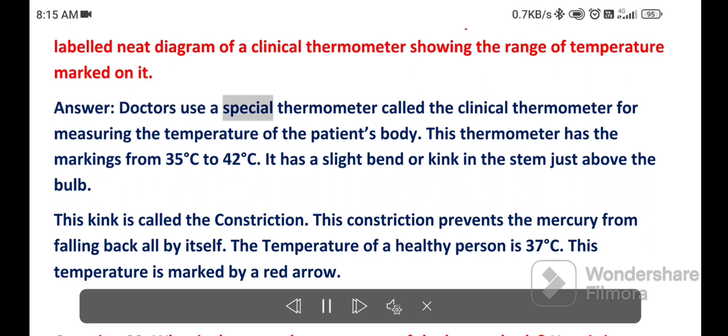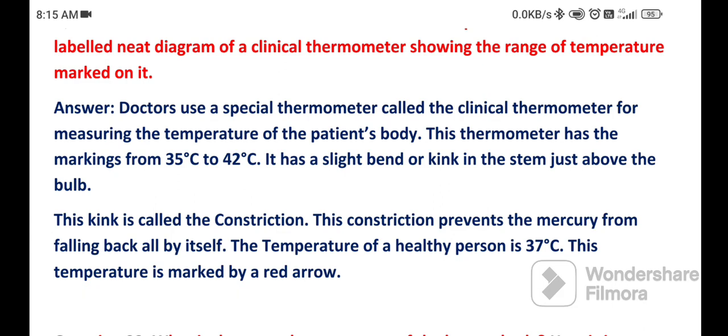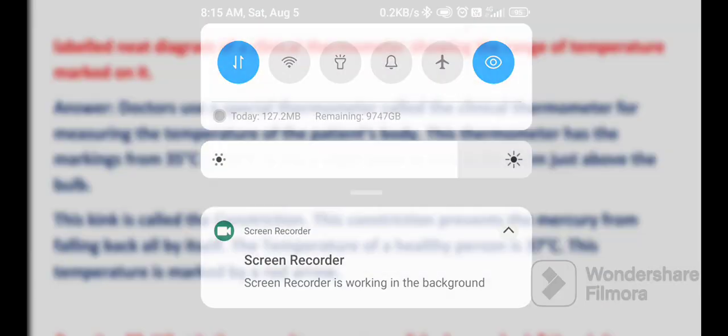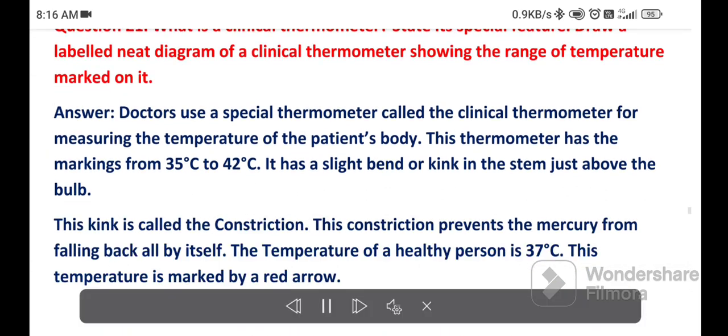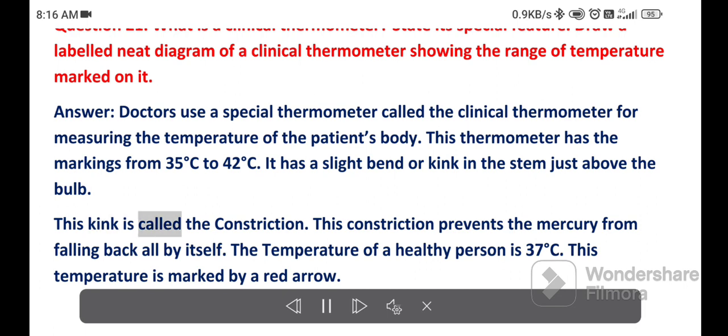Doctors use a special thermometer called the clinical thermometer for measuring the temperature of the patient's body. This thermometer has the markings. This kink is called the constriction.